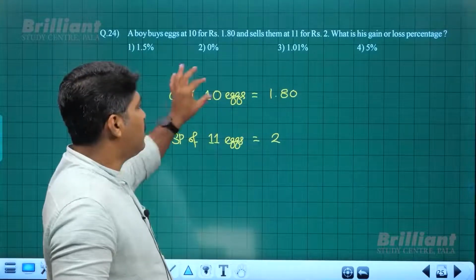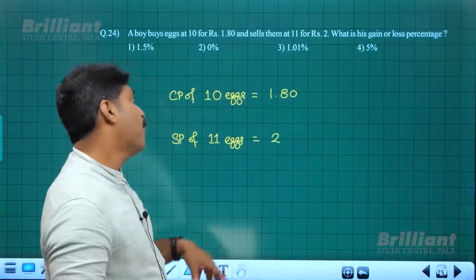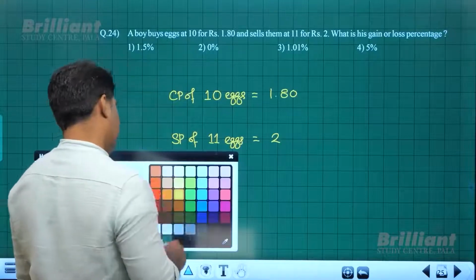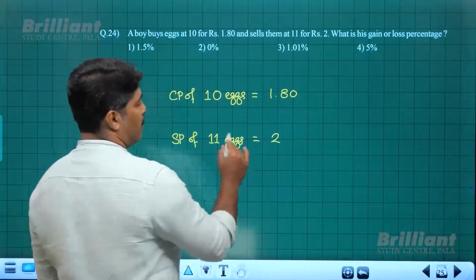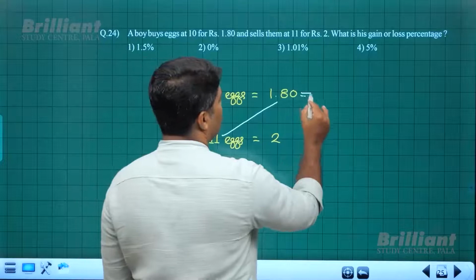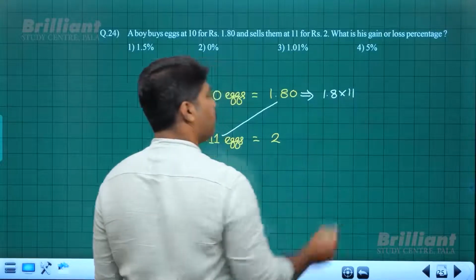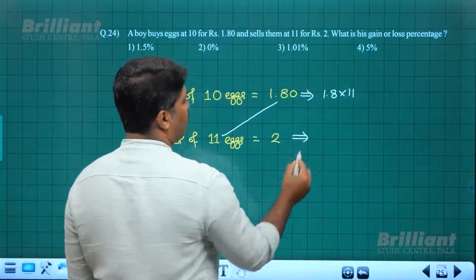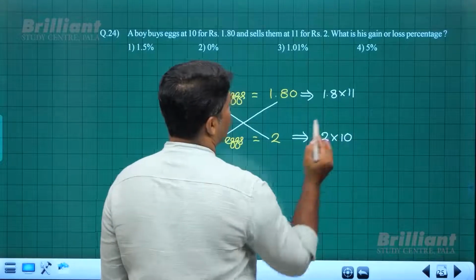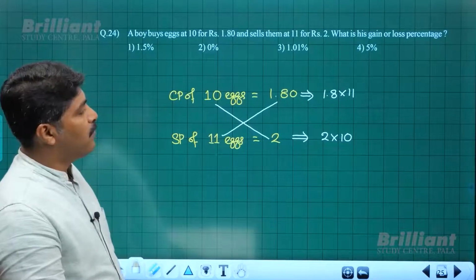That means he purchased a certain number of eggs at this rate and he sold them all at this rate. Then what will be the profit percentage or loss percentage? For doing these types of all the questions, you just simply multiply these two values and consider that as the cost price. Here this is 1.8 into 11. And for the selling price, which value is representing selling price? So that is 2 into 10. Got it? So these are the values. So that is 1.8 into 11.